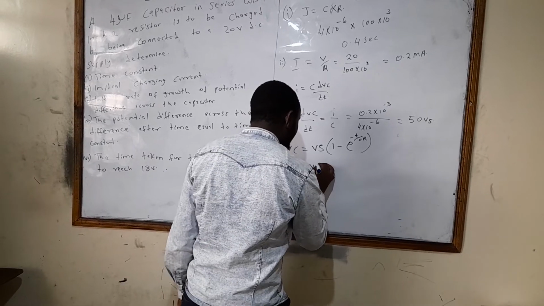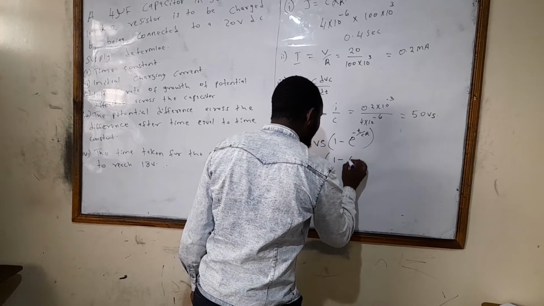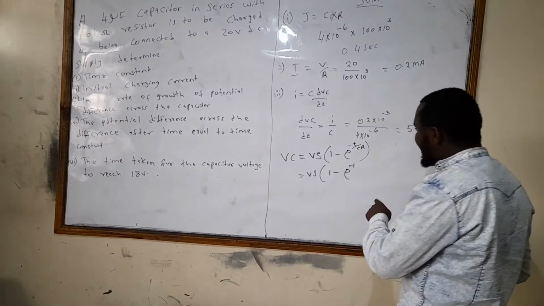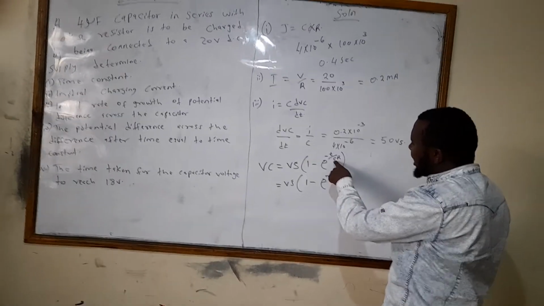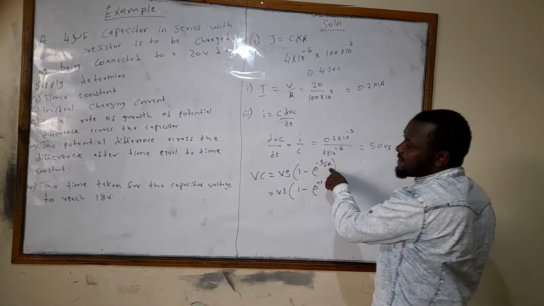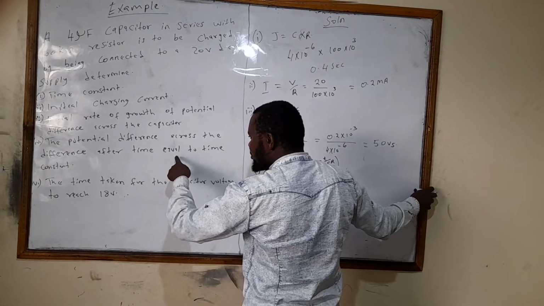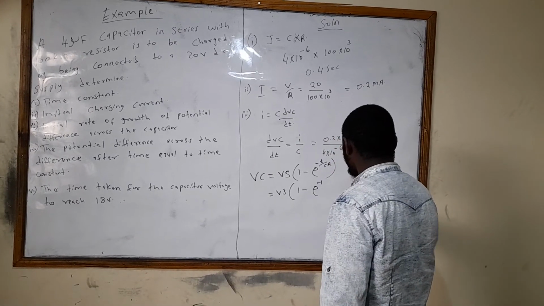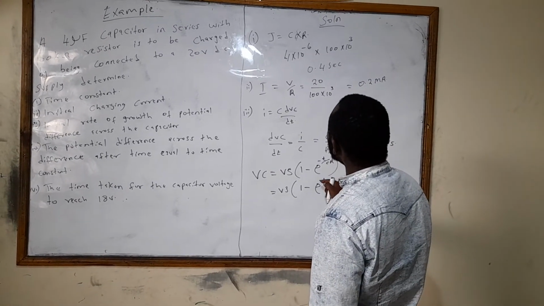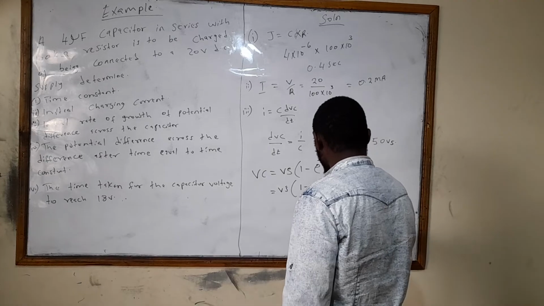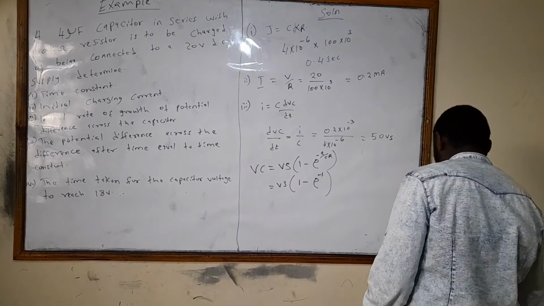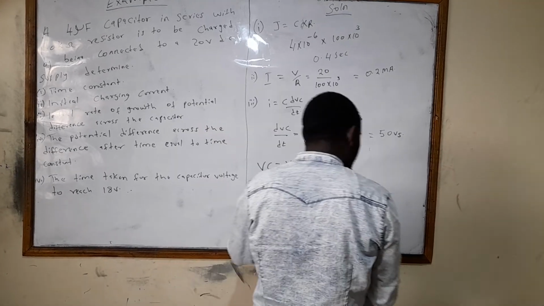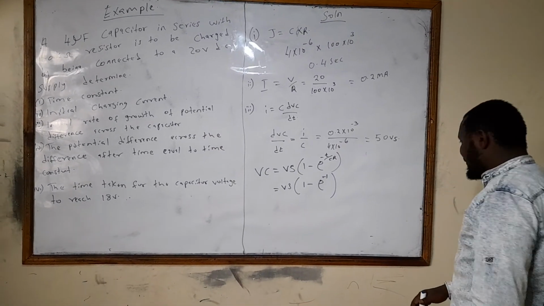Therefore, Vc is Vs times 1 minus e power of negative 1, because the question asks for the time equal to the time constant, so t over CR is 1. What is the value of Vs?